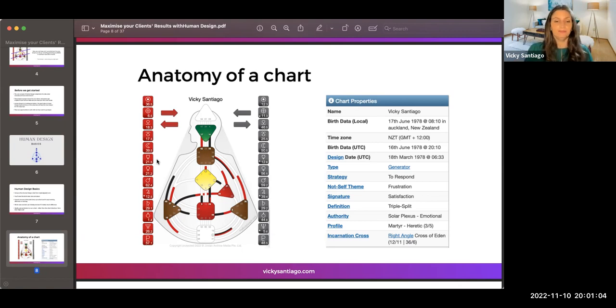Okay. What you'll also get is some information. As we go through, you can see there's a few different types, and we're going to look at quite a few of these today. We're going to look at type, strategy, your not-self theme, your signature and your definition.